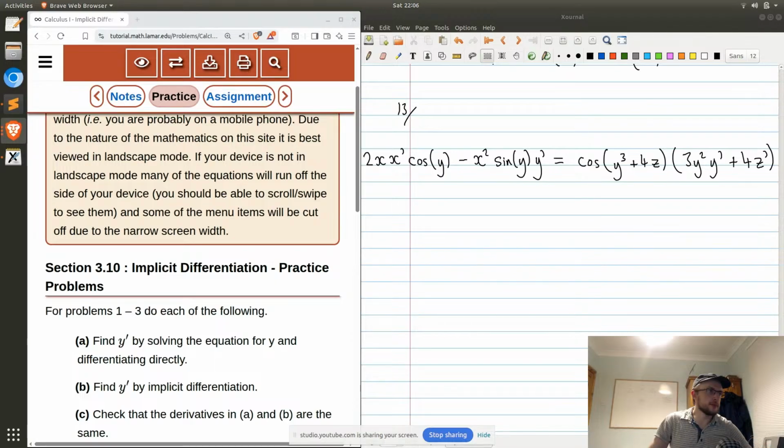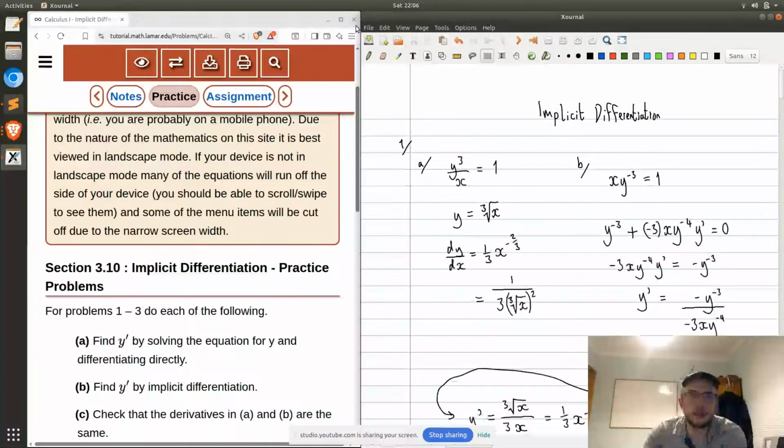All right. Now, implicit differentiation.